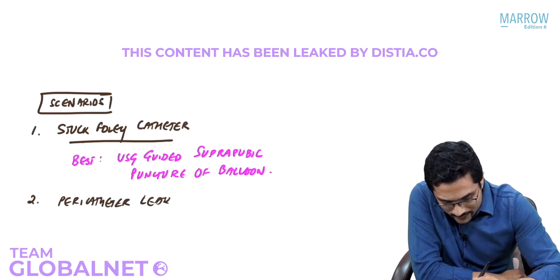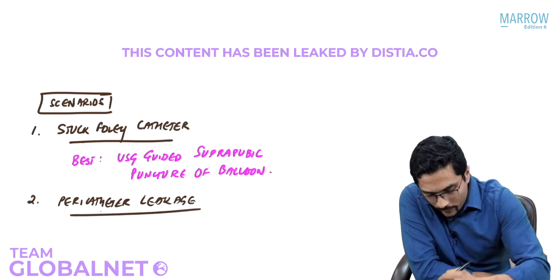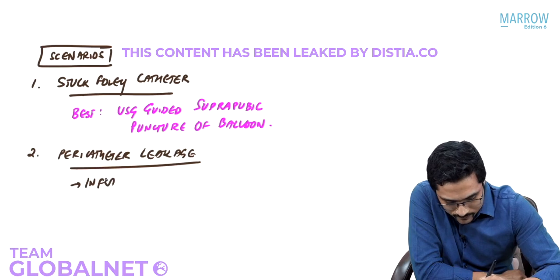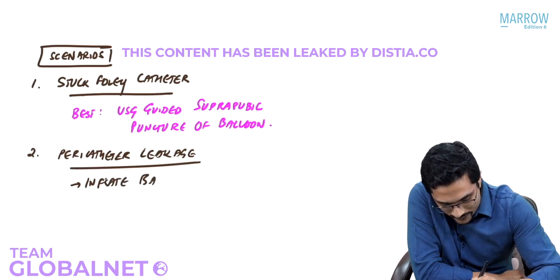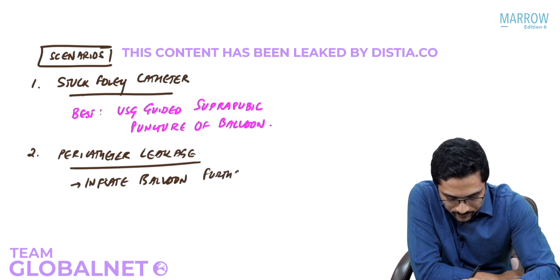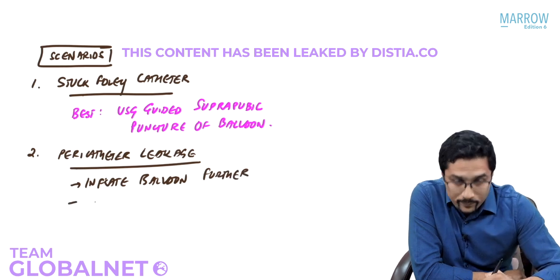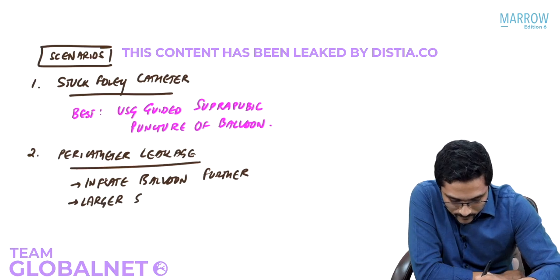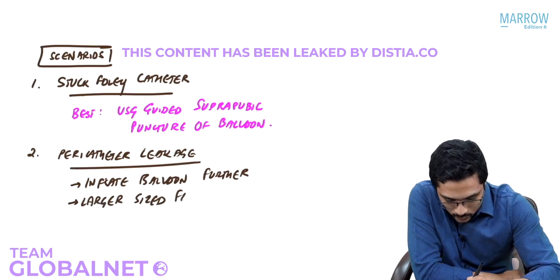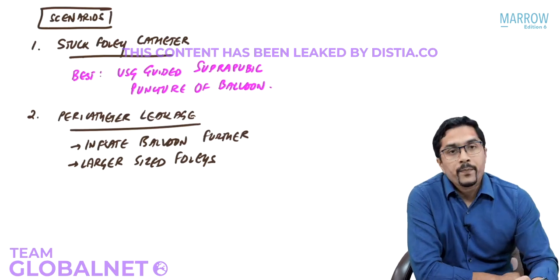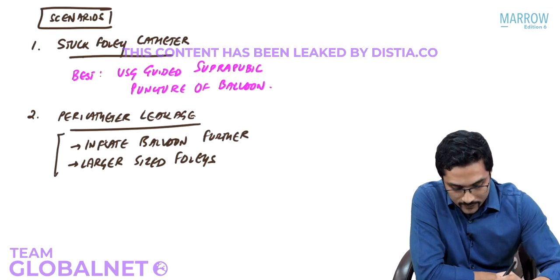The options which we have are either to inflate the balloon further. So some people like to do this. Or they put a larger size Foley's. These are the two options which you can choose from, either one of them.